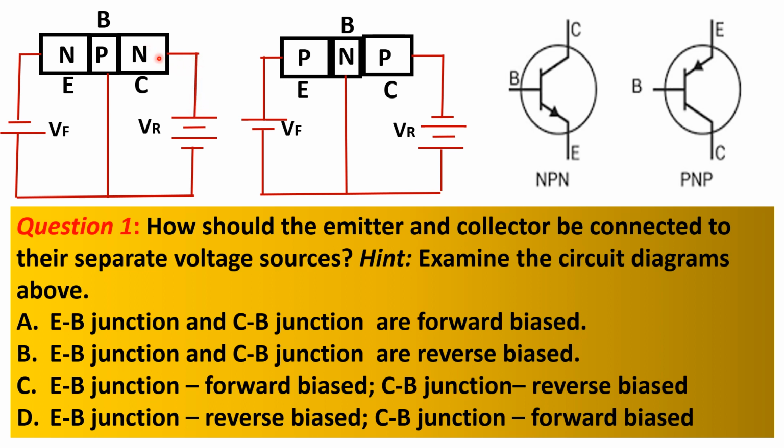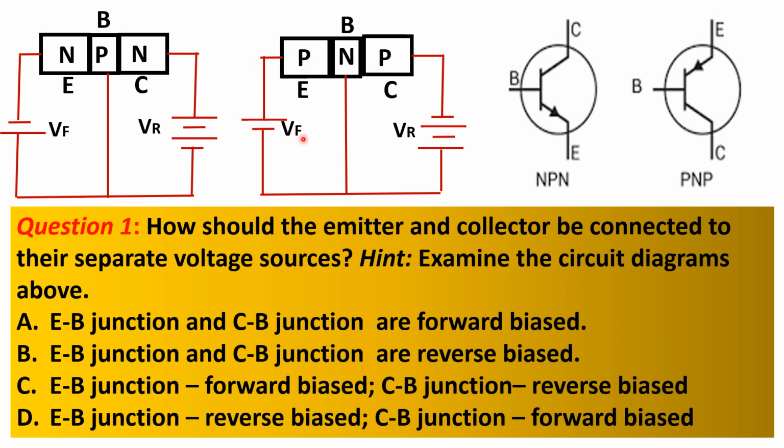Is that different for a PNP transistor? Let's examine. The emitter-base junction, such as this one, the charge carriers in the P region, in the emitter region, are the holes. And if you notice, they are connected to the positive terminal of the battery.